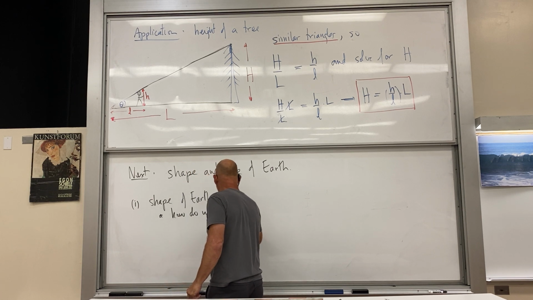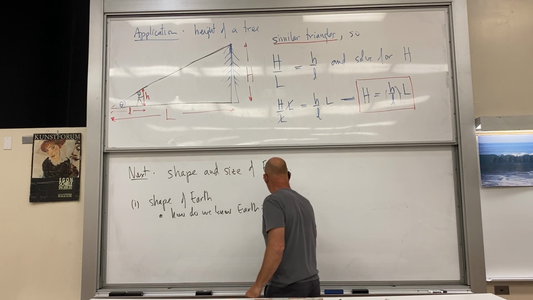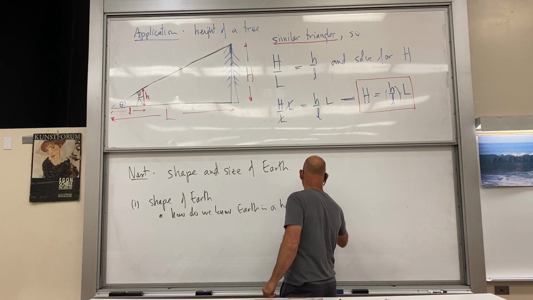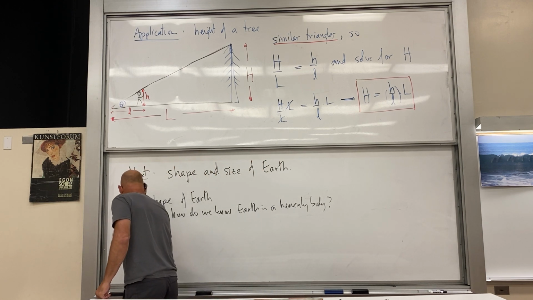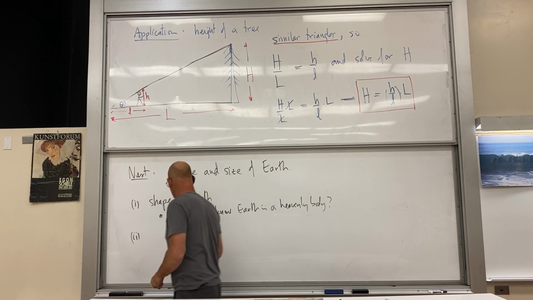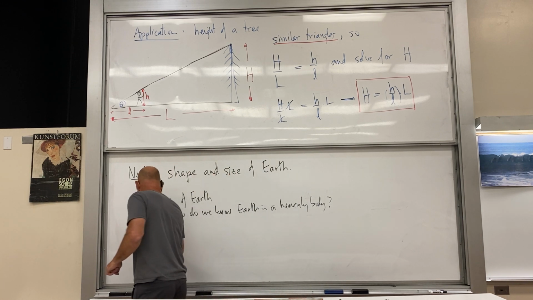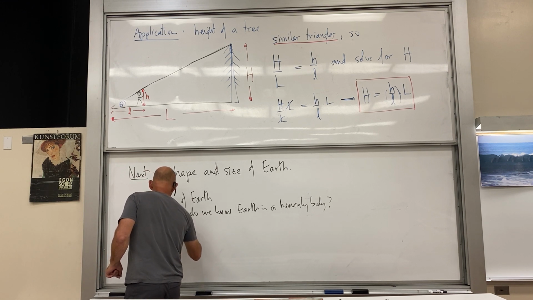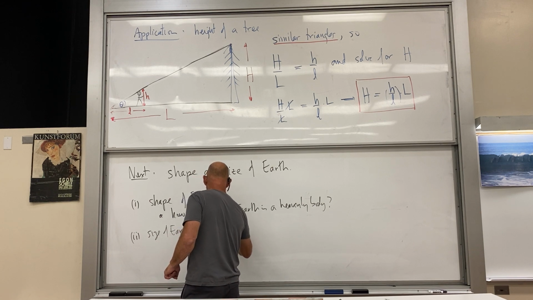So, shape of Earth, and here a little note: how do we know Earth is a heavenly body at all? And then, having answered that, and of course we'll determine it's a sphere, then size of Earth, its radius.